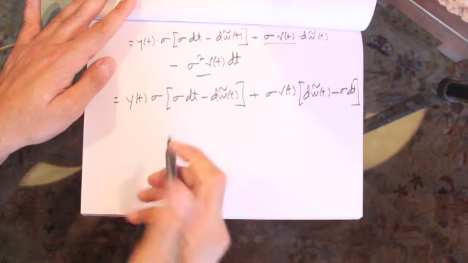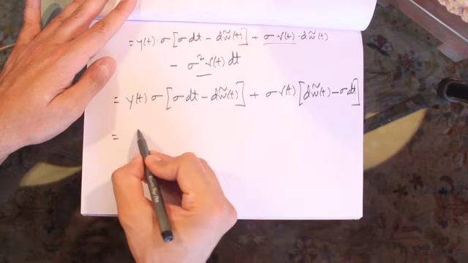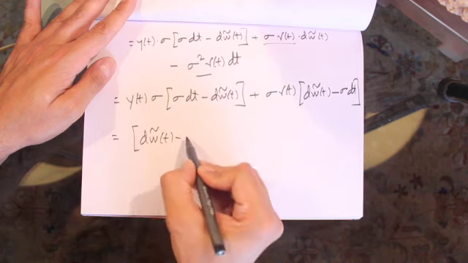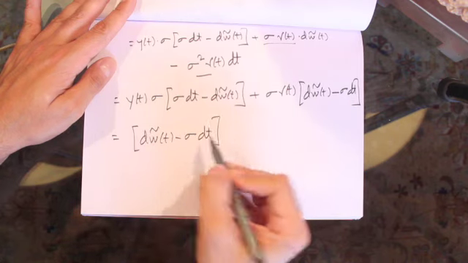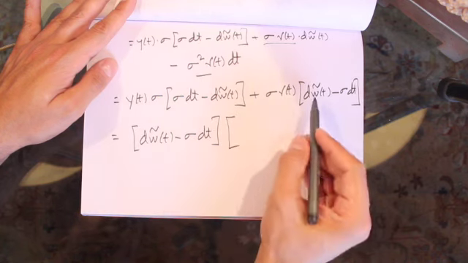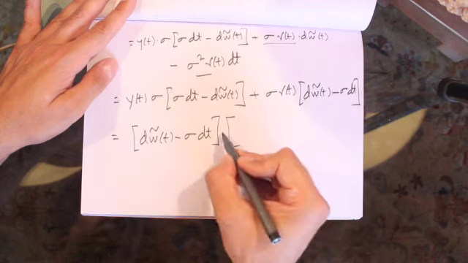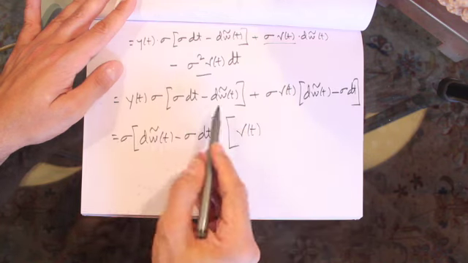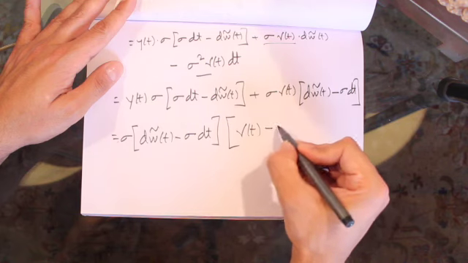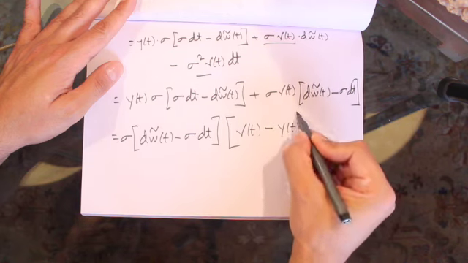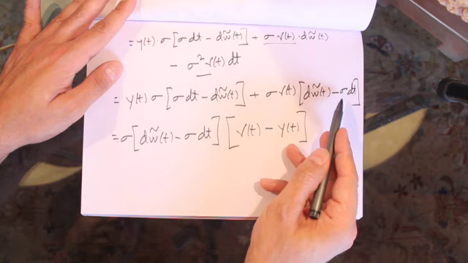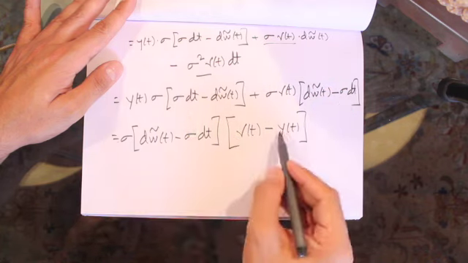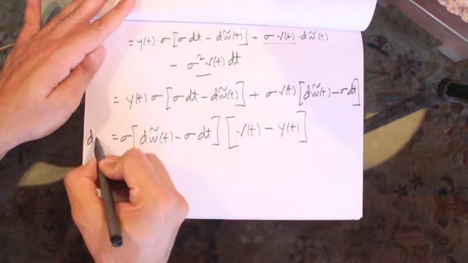Now I can take out dW tilde t minus sigma dt, and a sigma, and I'll be left with gamma t and minus y of t. So this is basically my d of y.